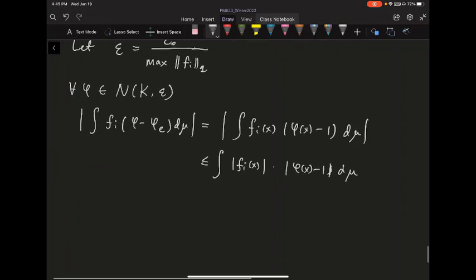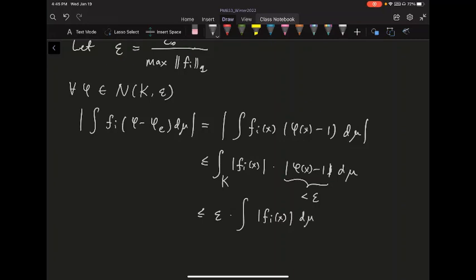Because your fi are supported on K, this is less than or equal to the integral over K. And on K, phi(x) minus 1, because phi is inside N(K, epsilon), is going to be less than epsilon. So this whole thing is bounded above by epsilon times the integral of the absolute value of fi over K, but you can now replace K by the whole set, which gives you the one norm of fi.